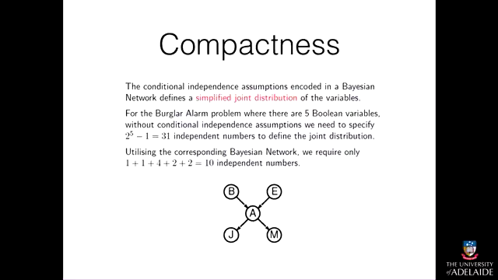And we will quickly know the number of entries we need to specify the joint probability can be greatly reduced. So in this case, it's from 31 to 10, right? So why is it 10?